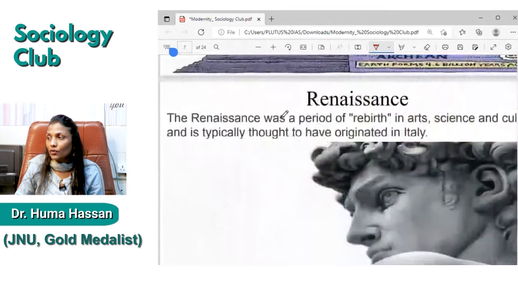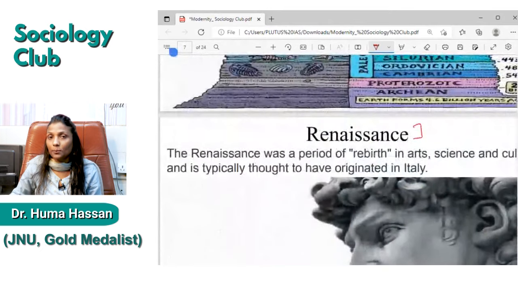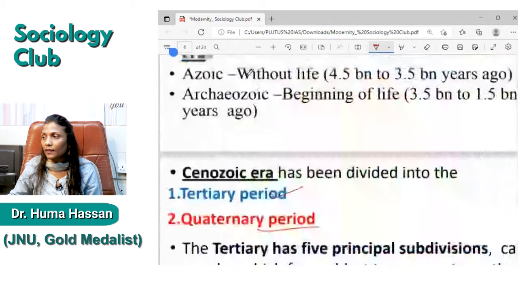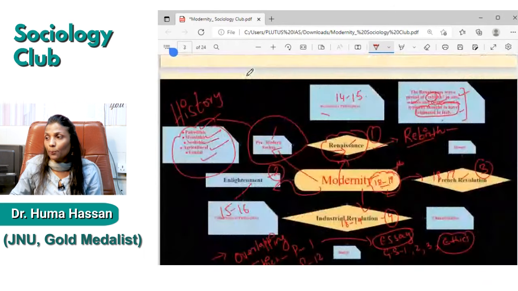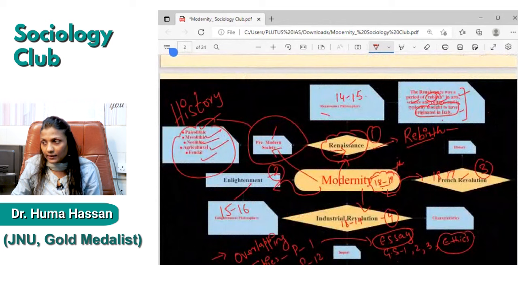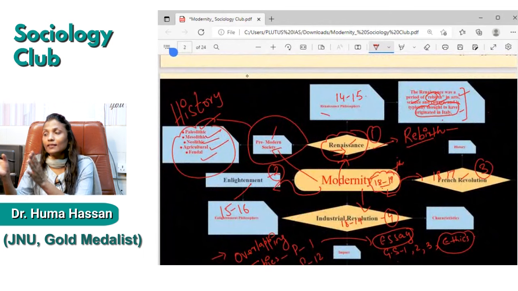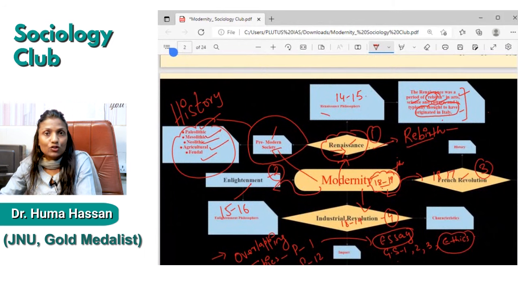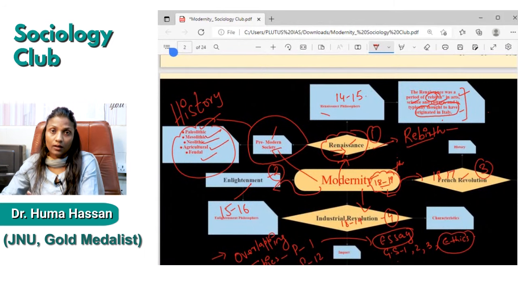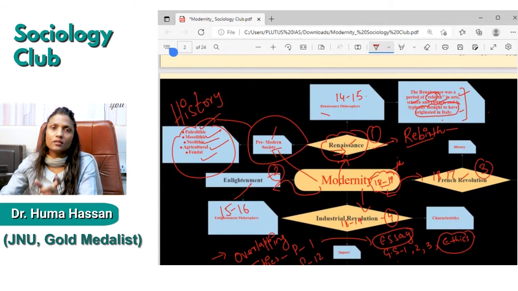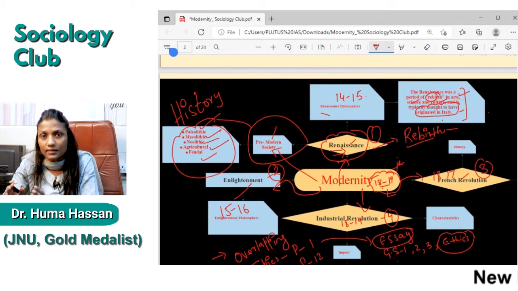Now, this is Renaissance, whose meaning I have told you. Let me explain how you should approach Renaissance. If you make this flow chart of pre-modern societies in your answer, say a question comes in your paper on modernity, social change, or the classical theorists, this is one type of question that does come from topic 1.